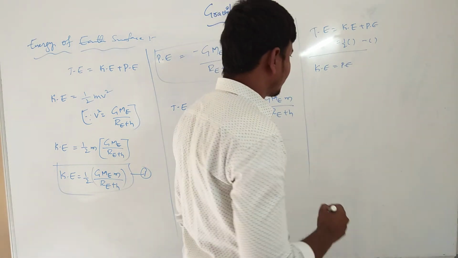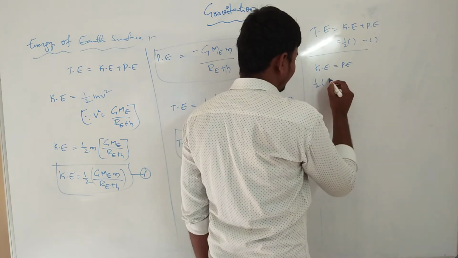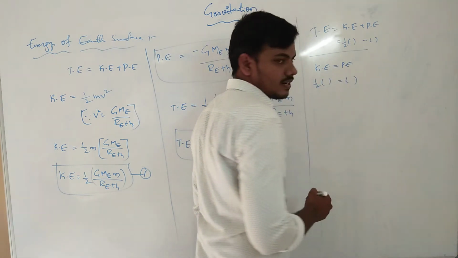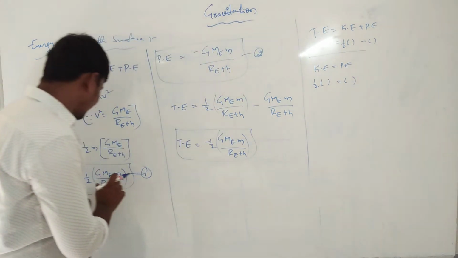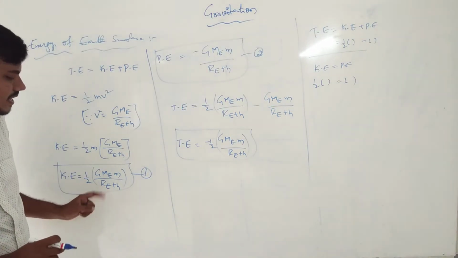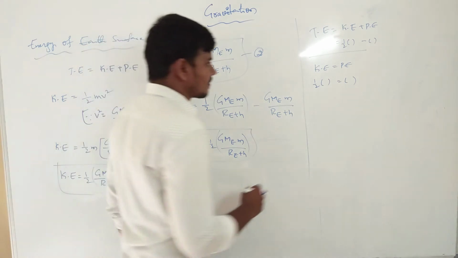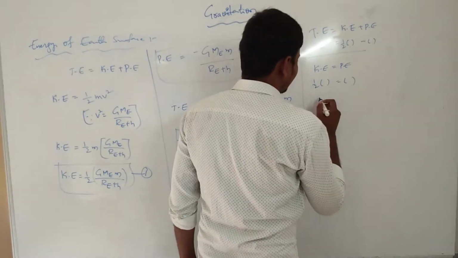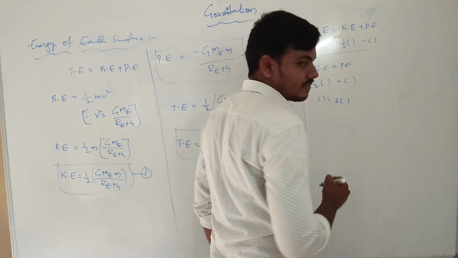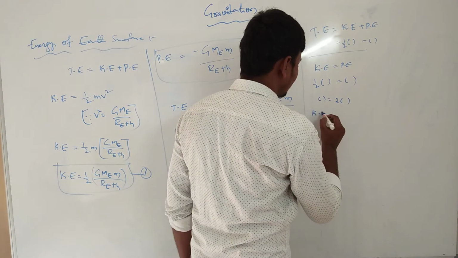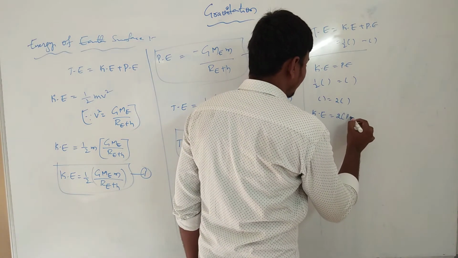Now kinetic energy half into something, and something we can take as G M m / (R_E + H), same we can take it. Now kinetic energy is equal to 2 into potential energy.